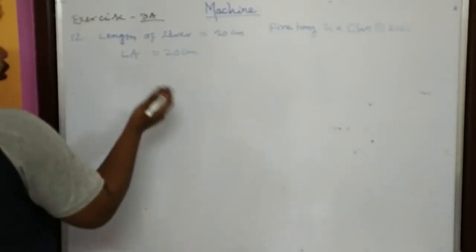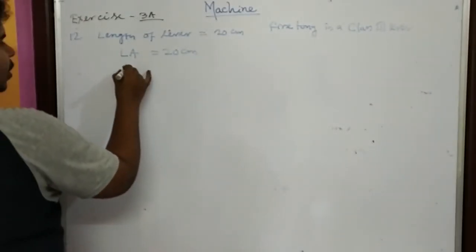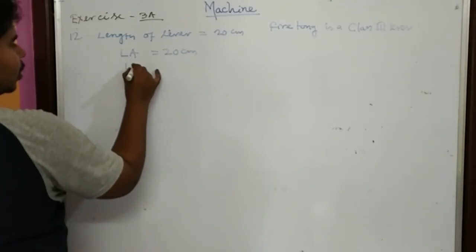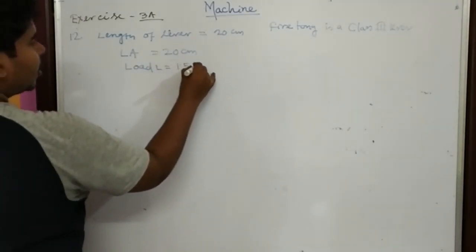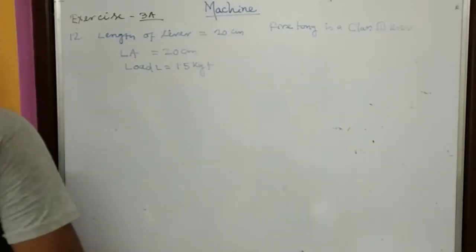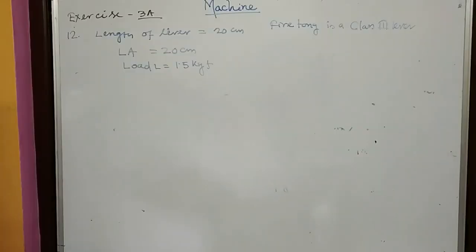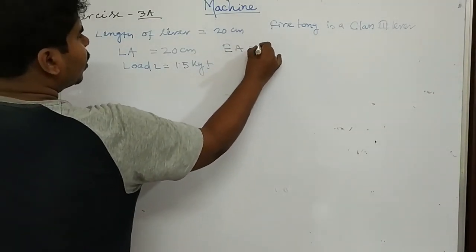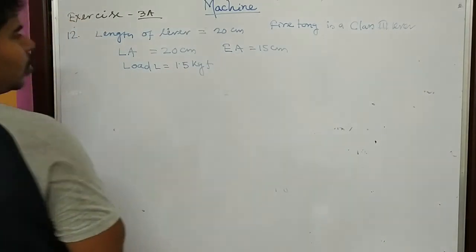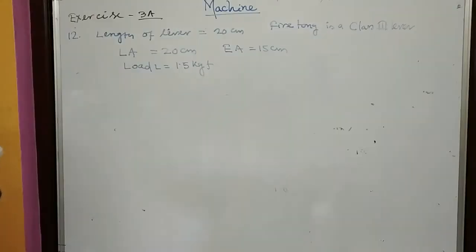You are lifting a weight, so it is the load. L equals 1.5 kgf. Applying an effort at a distance of 15 centimeter. So effort arm is equal to 15 centimeter. Find the mechanical advantage and the effort needed.